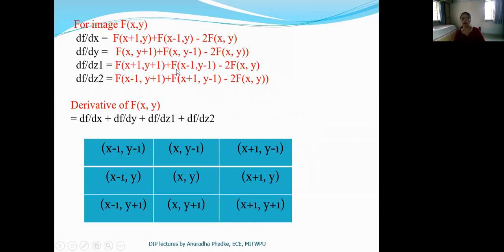When we add all these terms, we get the central coefficient value as minus 2 plus minus 2 plus minus 2 plus minus 2, so we get minus 8. Yes, Mehak, your answer is correct. Very good, so here we get minus 8.